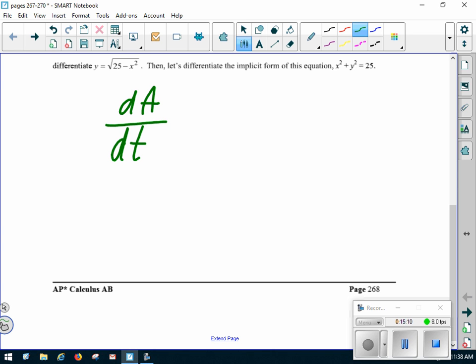Well, that's dA/dt. You might be asked, how is the volume of a spherical balloon changing with respect to time? So we'd say the derivative of the volume with respect to time, dV/dt. I'm just throwing that out there to let you know kind of where we're going. Not today, but later. Too many letters.